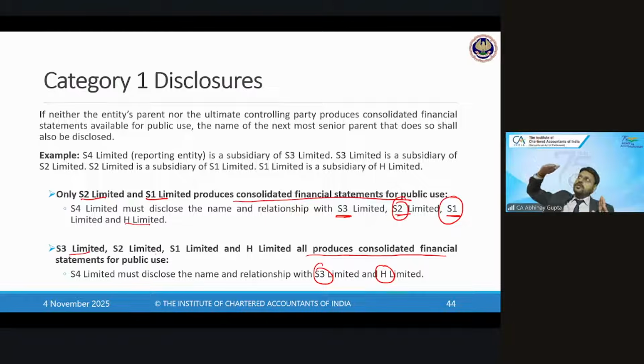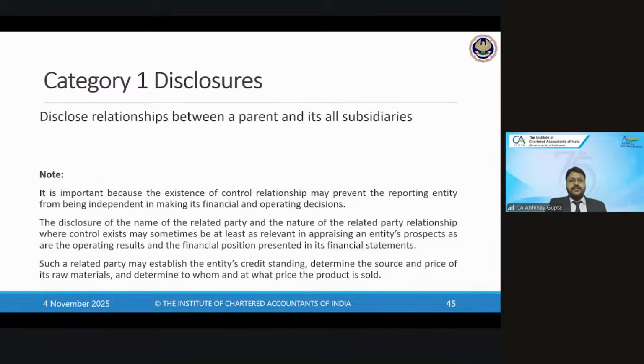No. So you need to go upward until you find a parent who is preparing the CFS. You need to disclose the name of that company mandatorily in your RPT disclosures, that this is my related party and this is preparing the CFS. That's what the standard is saying. The rest you will understand when you discuss 110, because there is a detailed discussion under 110.